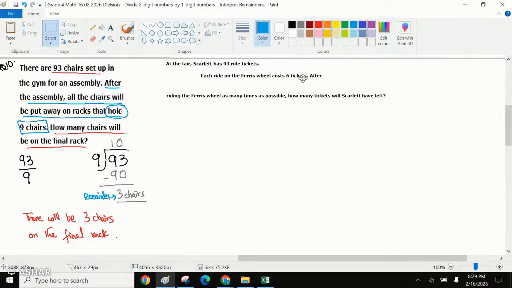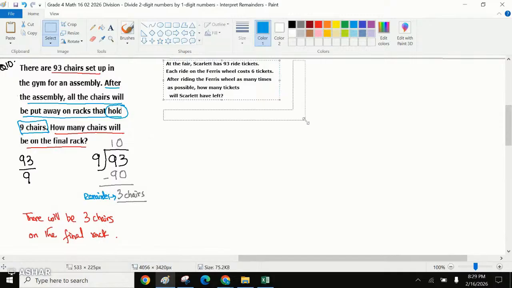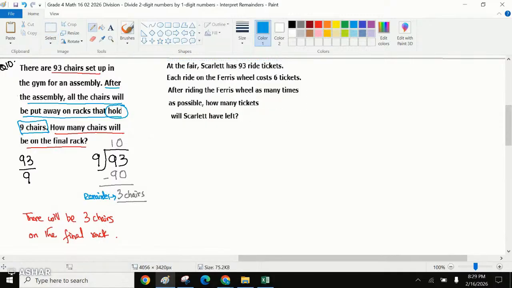Each ride on the Ferris wheel would take her 6 tickets. After riding the Ferris wheel, how many times as possible? It needs to be realigned because otherwise the question would be very vague.